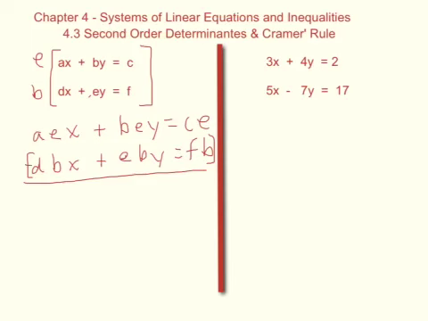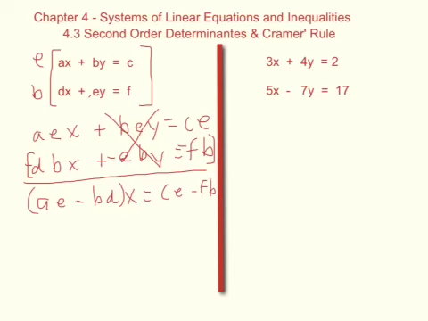That makes it negative dbx, negative, negative. What cancels out? The middle term cancels out, and we get a e minus b d times the quantity x equals c e minus f b.